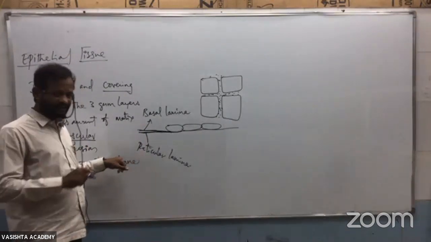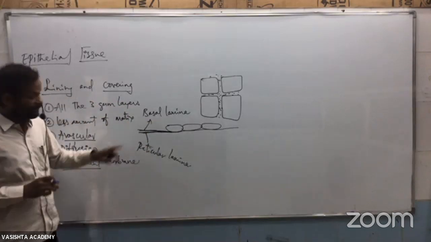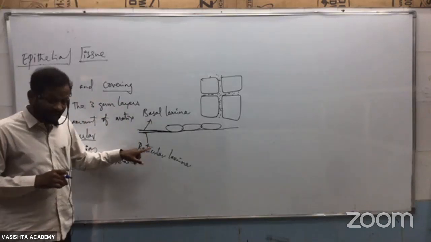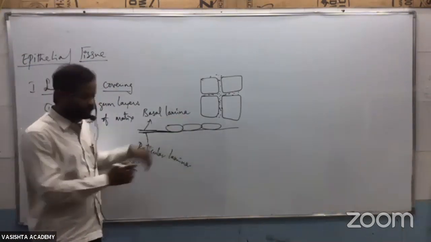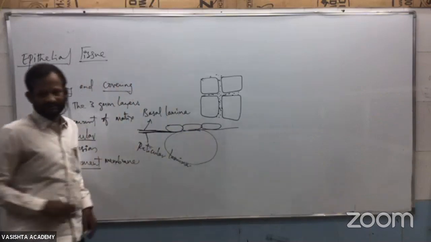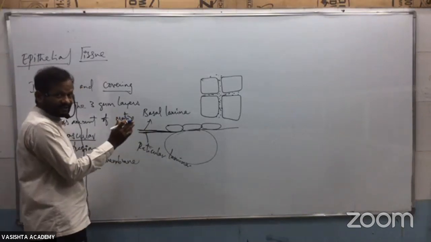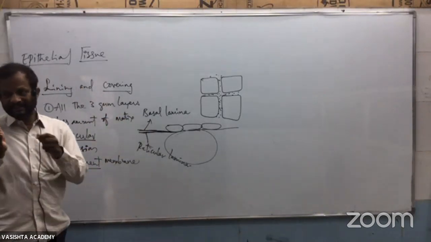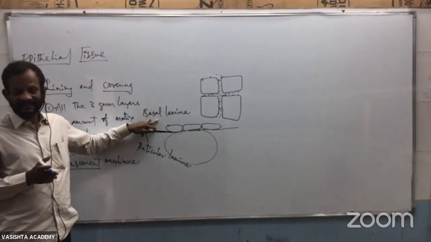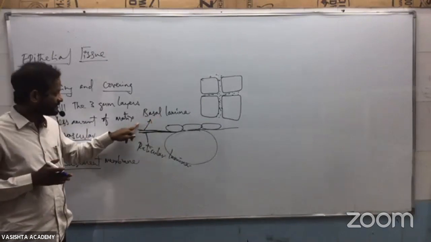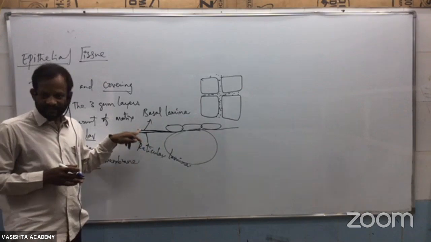Now what you have to think, which layer is very close to the epithelial cells? Basal lamina. Reticular lamina will be closer to other organs because this tissue is covering some other organ. So the layer of basement membrane which is contacting the epithelial cells is called the basal lamina, and below that basal lamina we can see the reticular lamina.